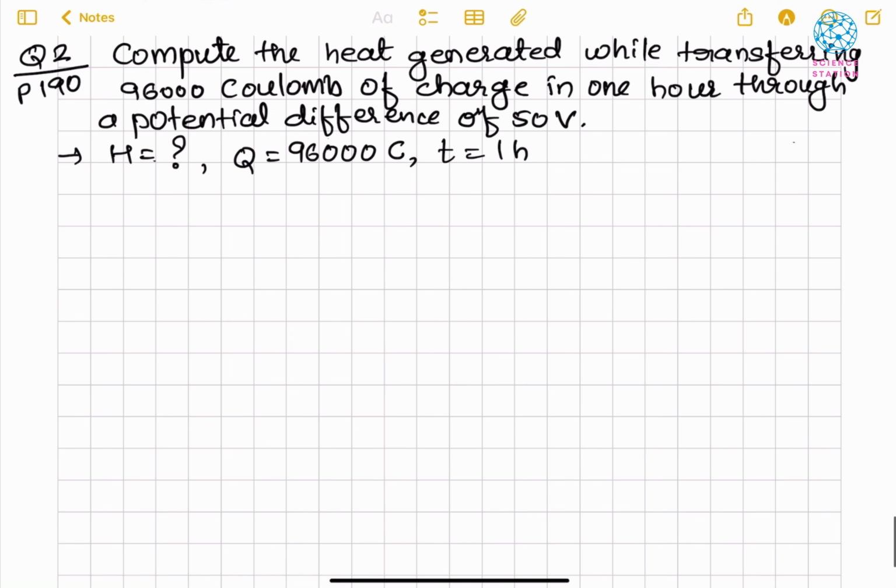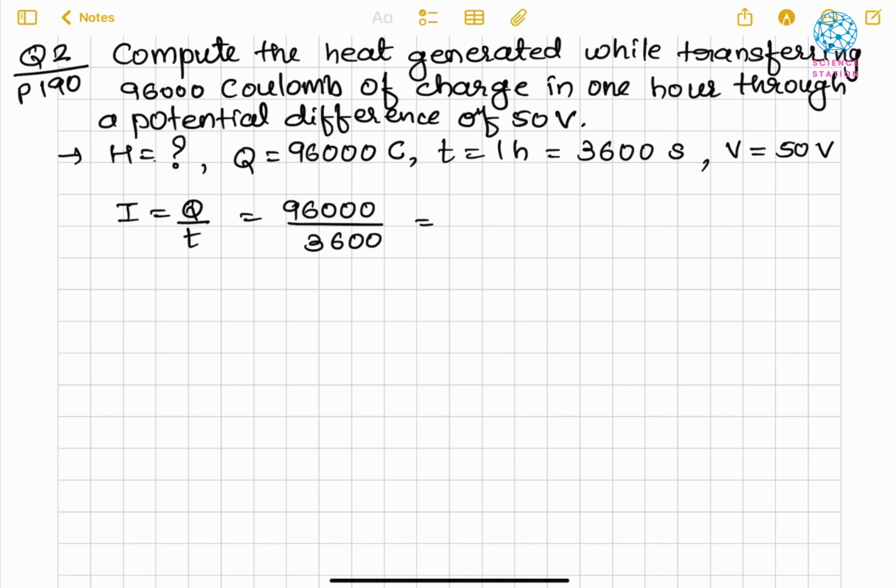Then T equal to 1 hour, that will be 3600 seconds, and V equal to 50 volt. Now I know that I equal to Q by T. So using that, first I am finding I. So 96,000 upon 3600, so that will be 80 by 3.